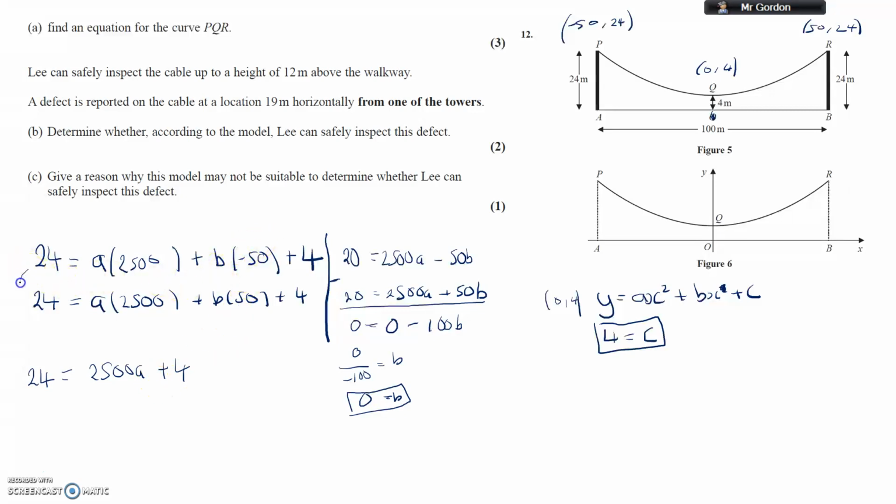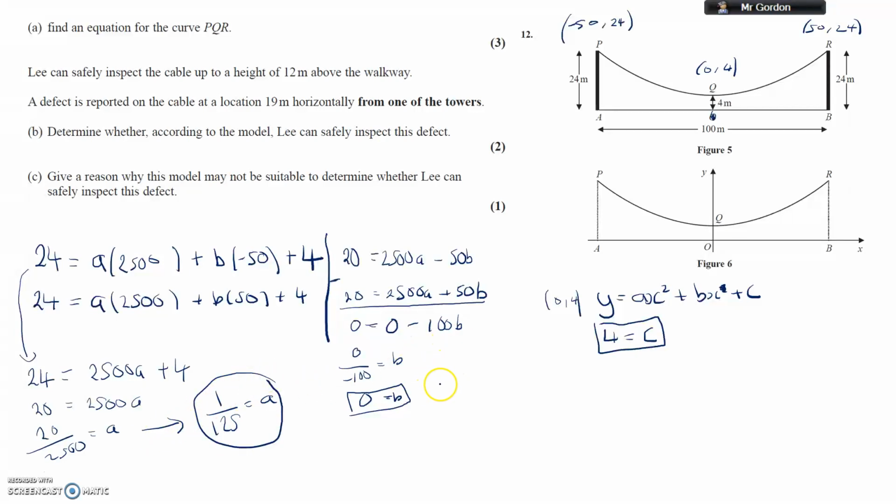So again, I get 20 equals 2,500a, so 20 over 2,500 equals a. Stick that into a calculator, and what do I get? 1 over 125 equals a. So that's the a value. That's how you get the equation of this curve.